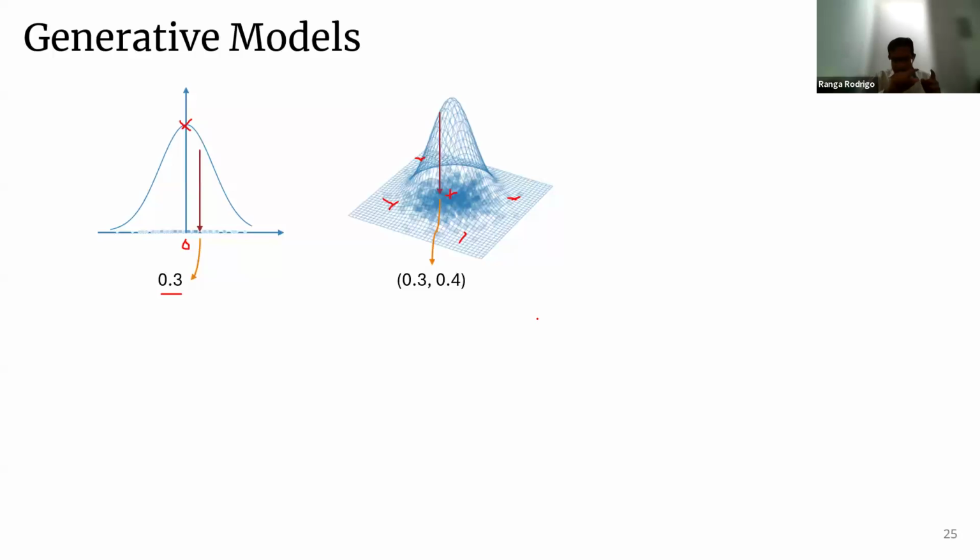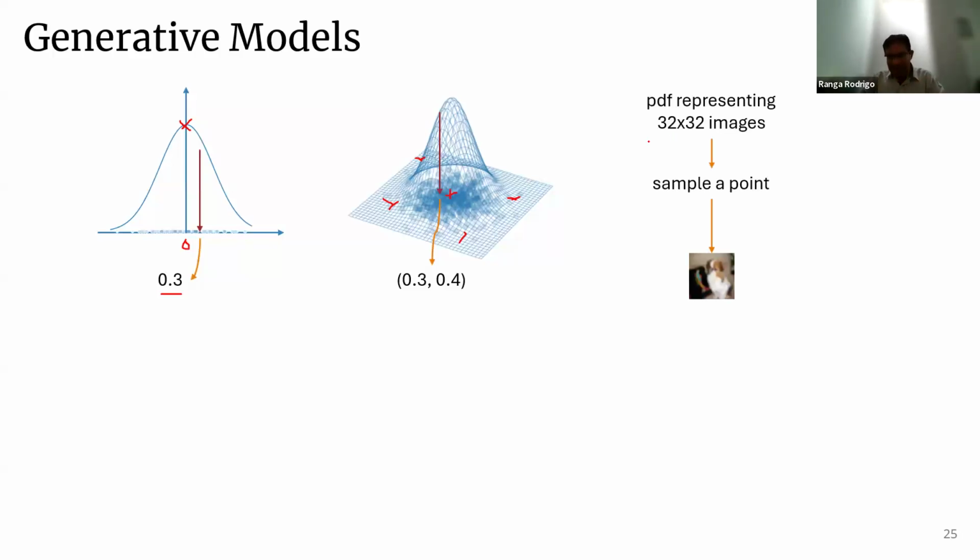Now let's move from 1D and 2D to the image dimension. Now consider a small 32 by 32 color image. 32 by 32 is the resolution, and you have 3 for color: 3 times 32 times 32, it will have 3072 numbers. That is very high dimensional.